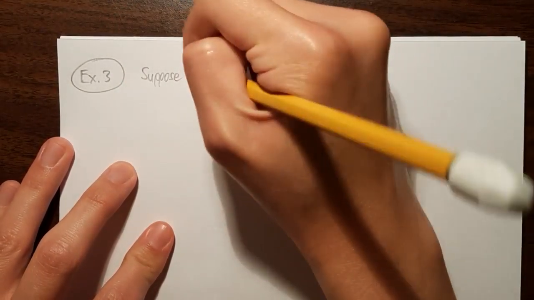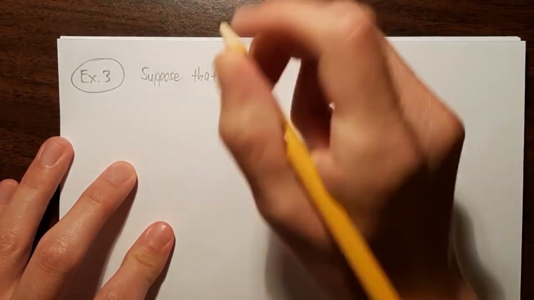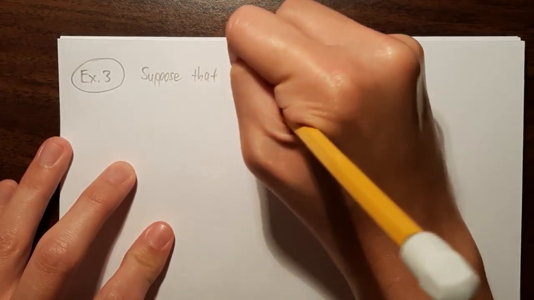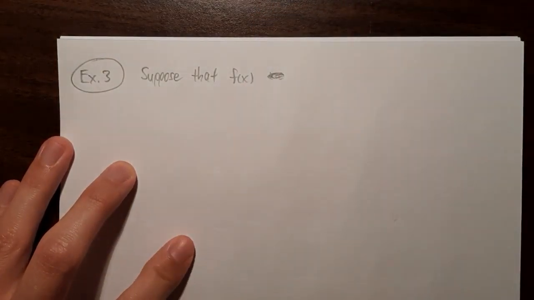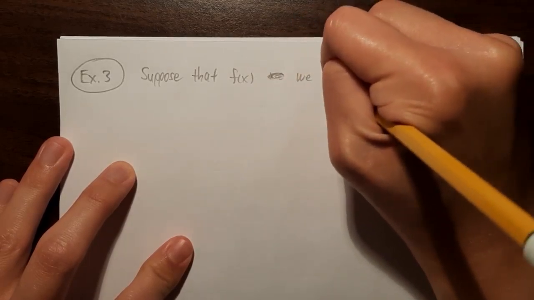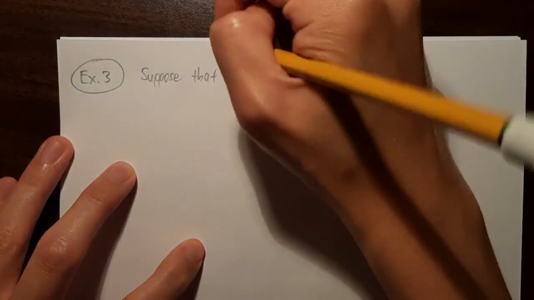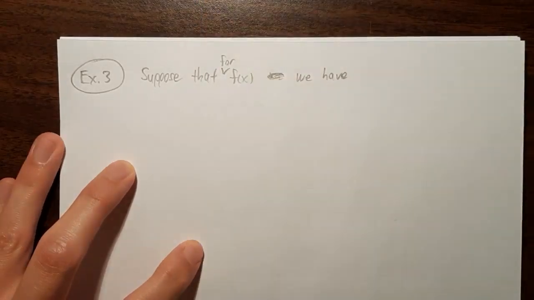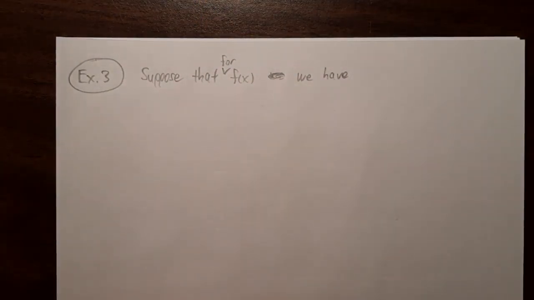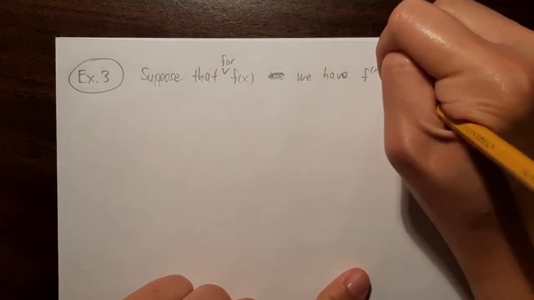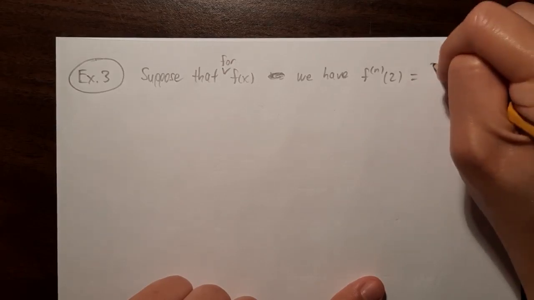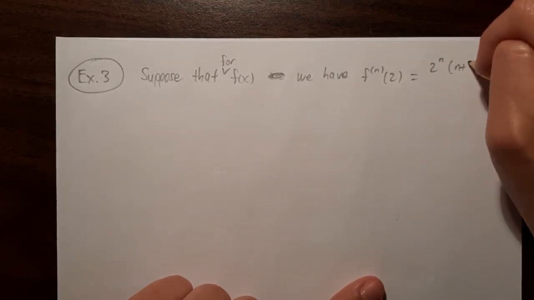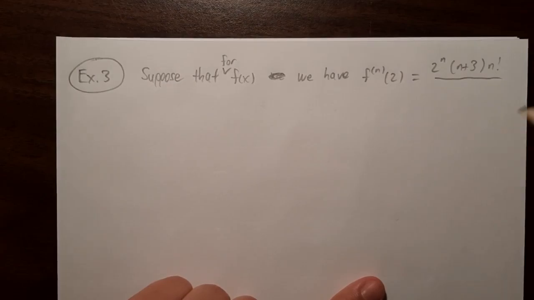Suppose that for f of x, we have, by magic, the knowledge that the nth derivative of f evaluated at 2 is 2 to the n times n plus 3 times n factorial divided by 5 to the n.